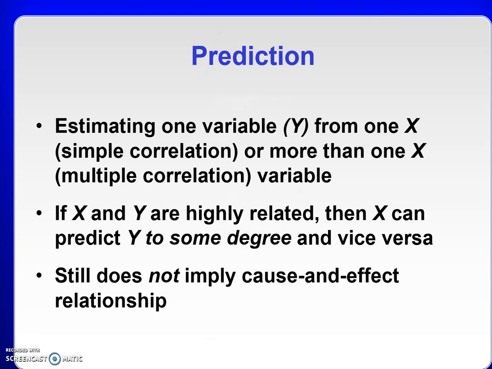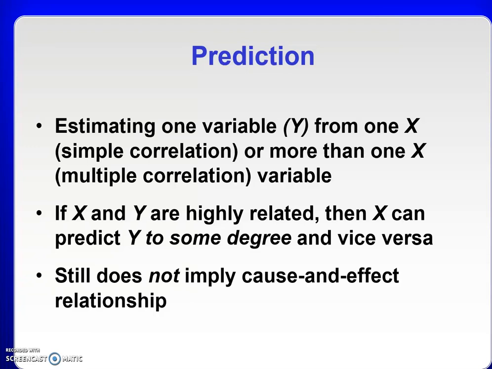The second part of this chapter talks about prediction. And once we know the correlation coefficient, we can start predicting. We can estimate the value of y, say, from an x. That would be a simple correlation. If I know what x is, I can predict, using simple correlation, what y will be.